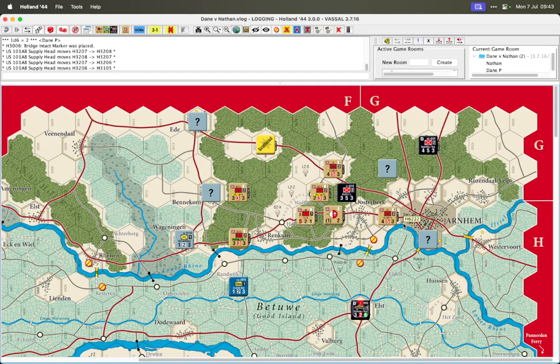So knowing what happens typically is what historically happened, where you're going to have one or two units get cut off at Arnhem Bridge and the rest in those towns and woods nearby trying to hold on until 30 Corps gets to you. I see. So, but you're saying that if you move the supply head up, you can keep the unit in Arnhem in supply, or no?